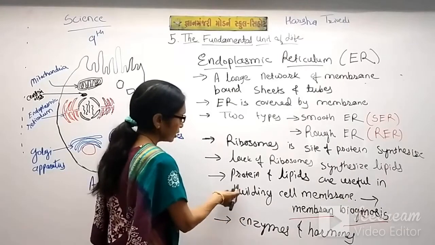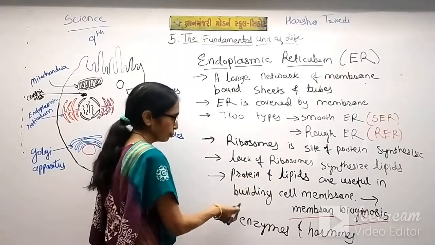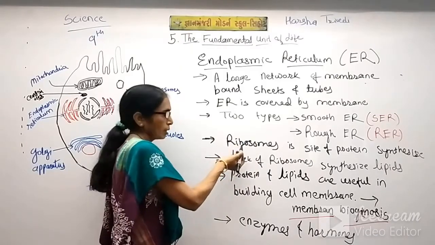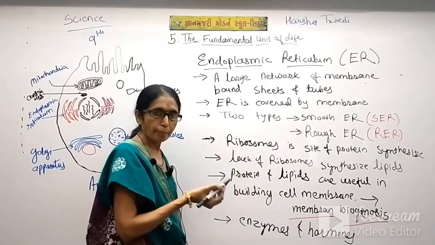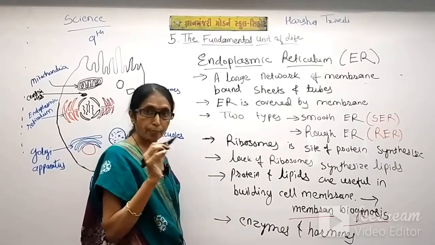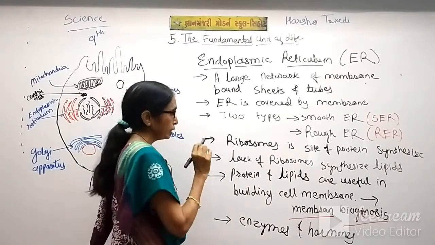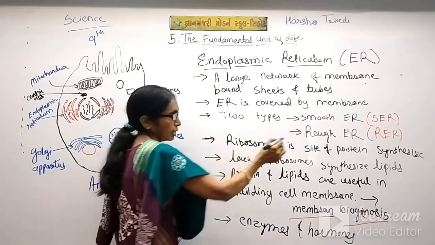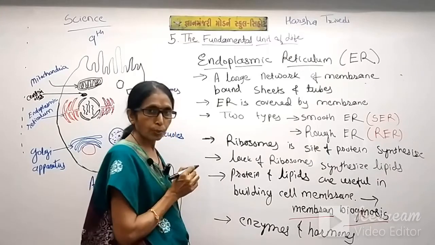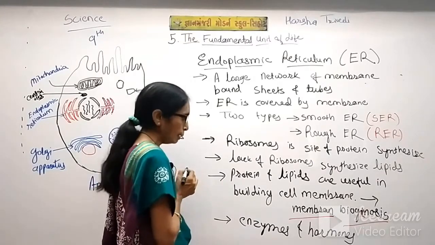So these proteins and lipids are useful. Proteins are made by ribosomes, which are present on the surface of the endoplasmic reticulum, and lipids are made in the SER, which lacks ribosomes.